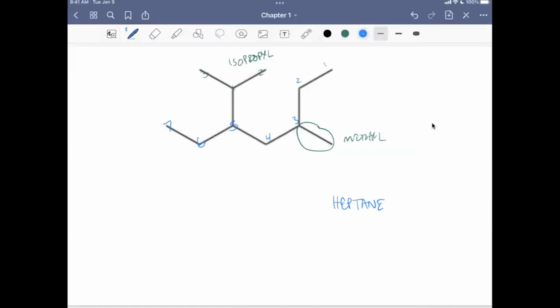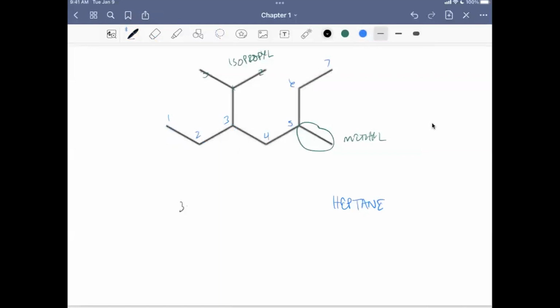So is our numbering correct is something we want to look at. If we did 1, 2, 3, that would be the same as the 1, 2, 3 here. I'm gonna write it the other way, just because that isopropyl is a bigger substituent. It might have higher priority over that methyl. So I'm gonna label that a 3.